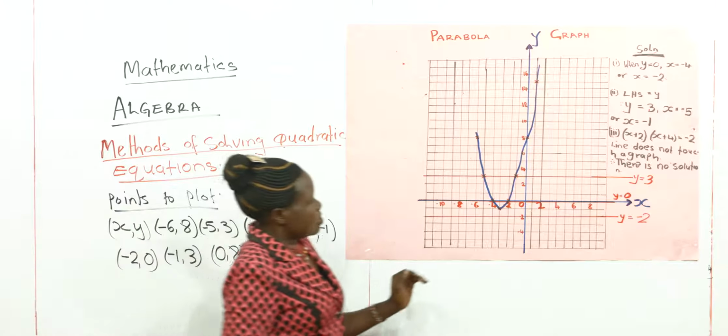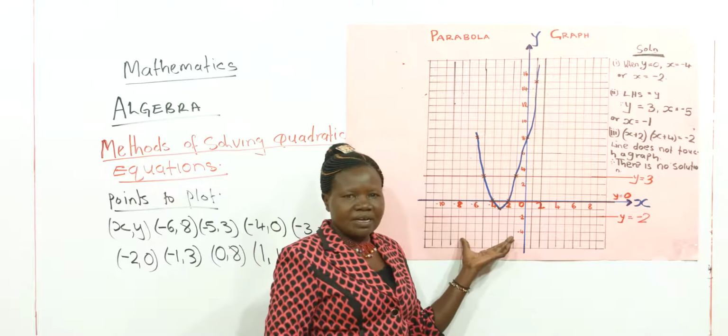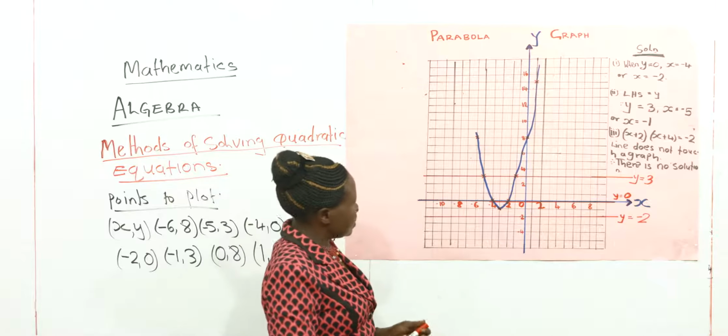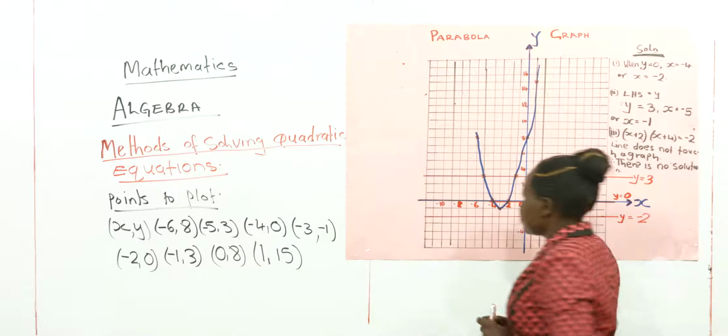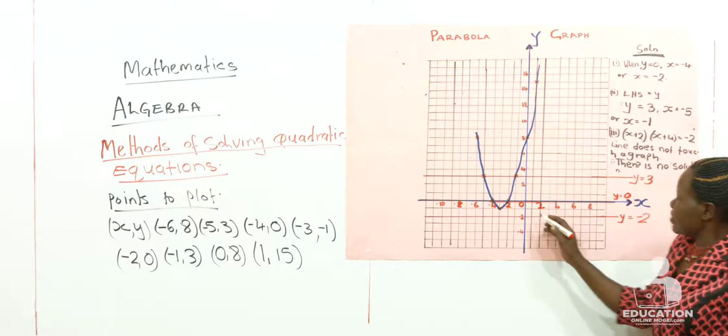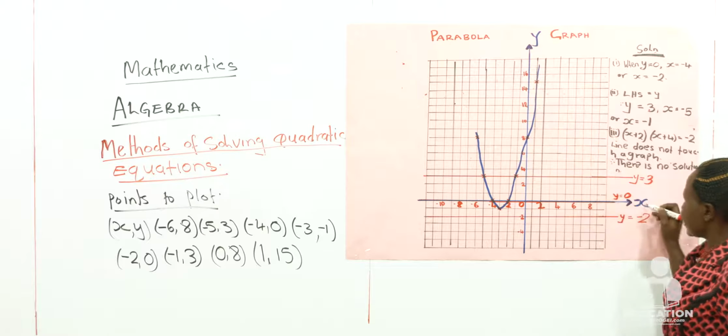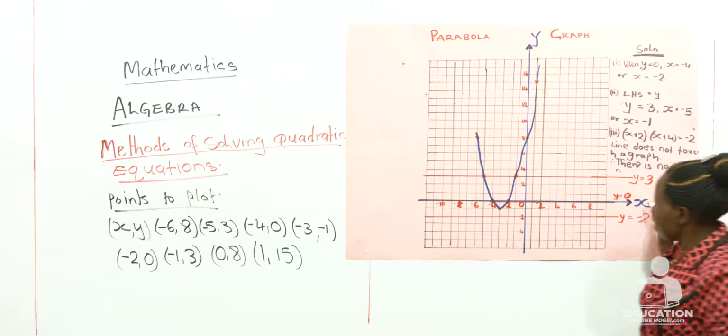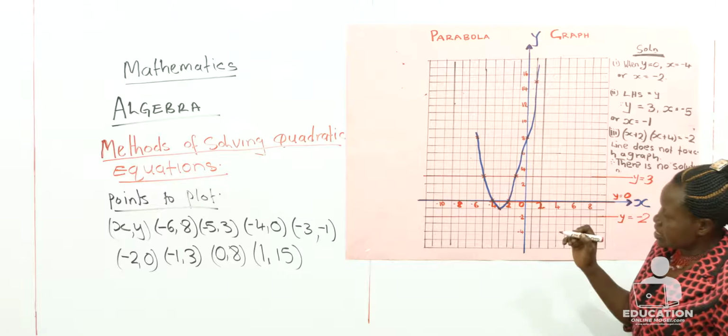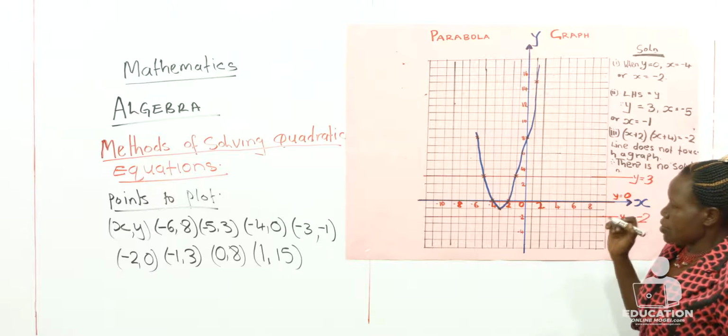So now looking at our graph here, we are going to plot these points. When we are plotting, remember that we should have the y-axis and the x-axis. So our first point is negative 6 and positive 8.